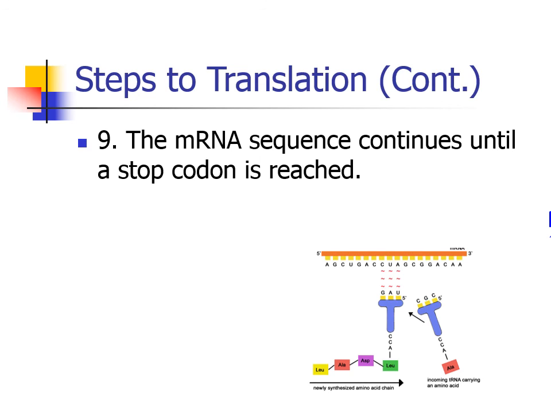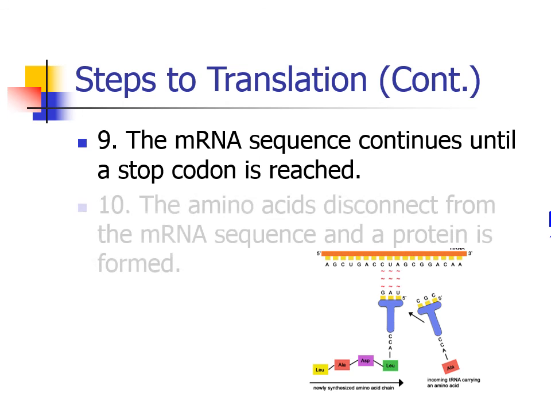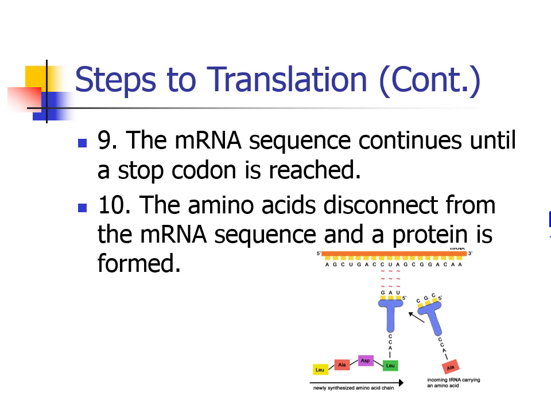Just like the start codon, there's a sequence that codes for stopping the translation process. At this point, the amino acids will disconnect from the messenger RNA sequence from the ribosome, and the almost complete protein is then released into the cytoplasm, where it then can fold properly, hopefully, and do its function.